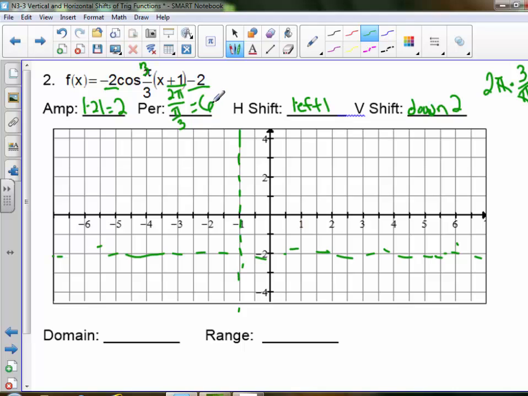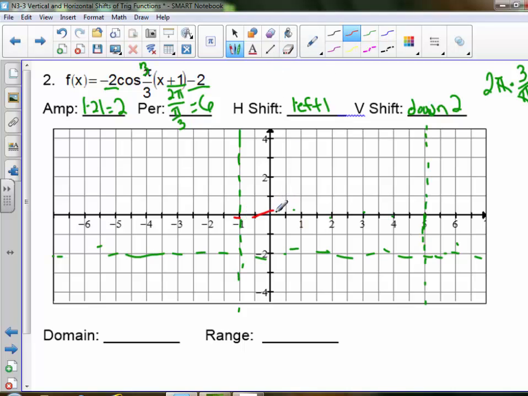All right, and I have a period of 6, so from -1, that's 1, 2, 3, 4, 5, 6. So I'm going to end here at 5 on the x-axis. And I know I'm going to go up from this line 2. So 1, 2. So that puts my maximum, let me change color so that'll stand out.